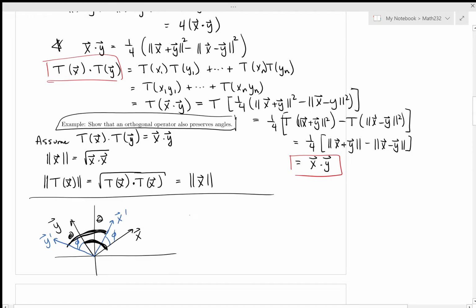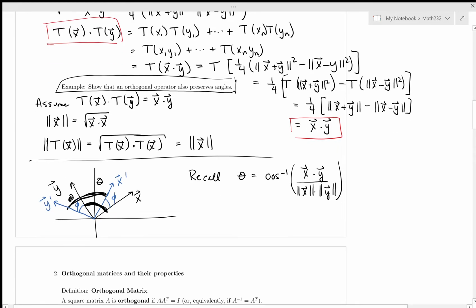Okay, so you will recall that the angle between two vectors, theta, is the inverse cosine of x dot y divided by the norm of x times the norm of y. Now we imagine calculating the angle between the transformed vectors, the transformed vector x and the transformed vector y.